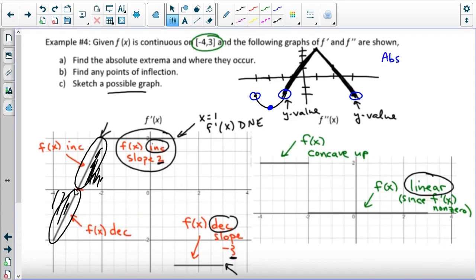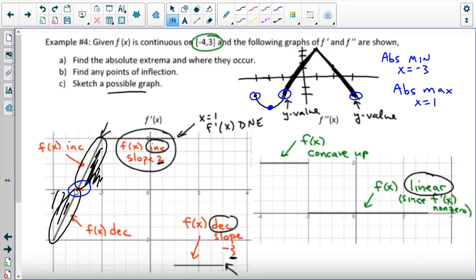So there's an absolute minimum at x equals -3, which is a critical point of f of x, and f prime changes from negative to positive. So that means I know I'm going to at least have a local minimum. In this case, it's an absolute minimum. And then I have an absolute max at x equals 1.